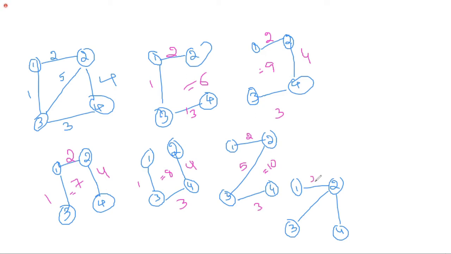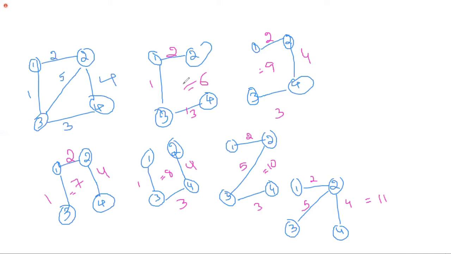Here 2, 5, and 4 is equal to 11. Assume this is figure A. Figure A gives me 6, 9, 7, 8, 10, 11. Which is the minimum one? That is the one whose cost is 6.